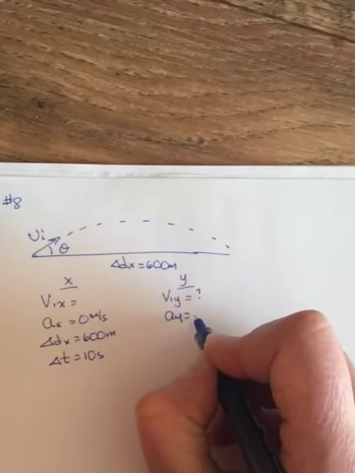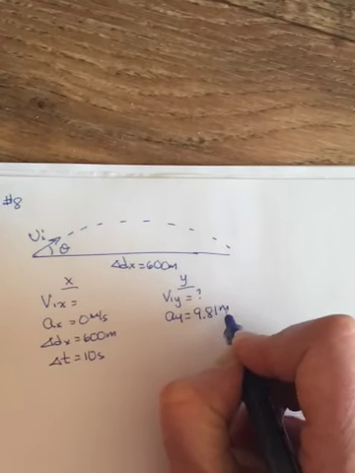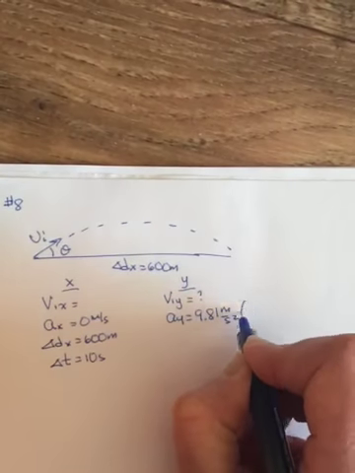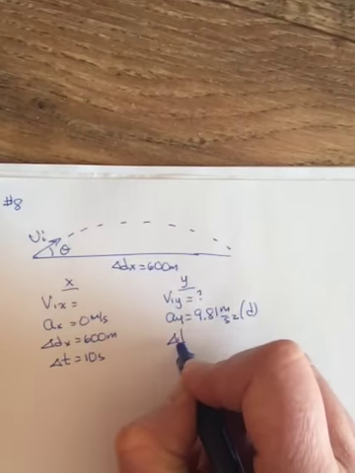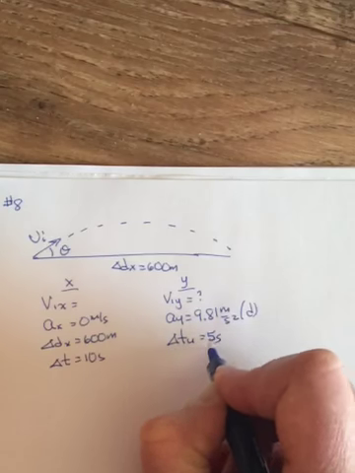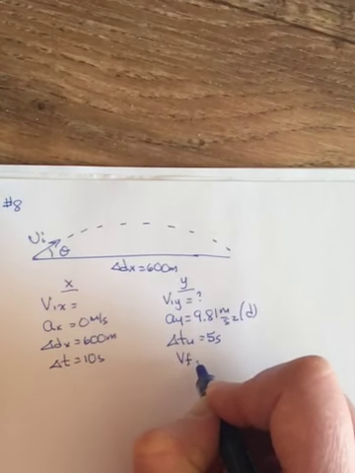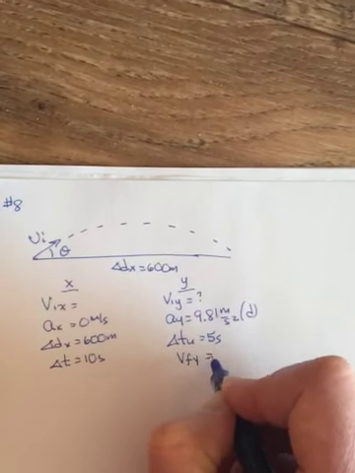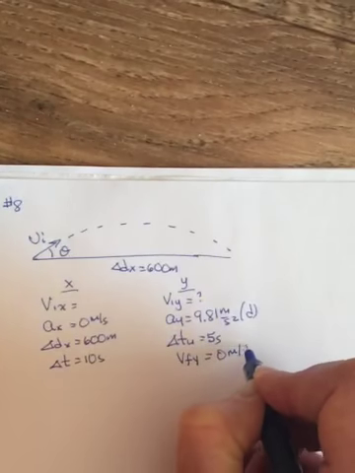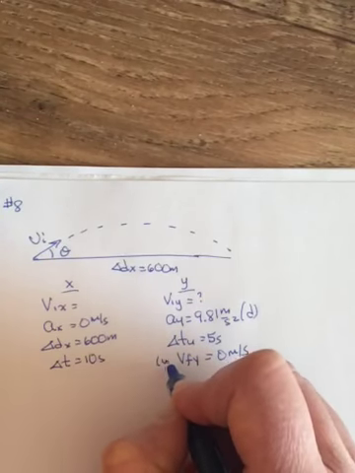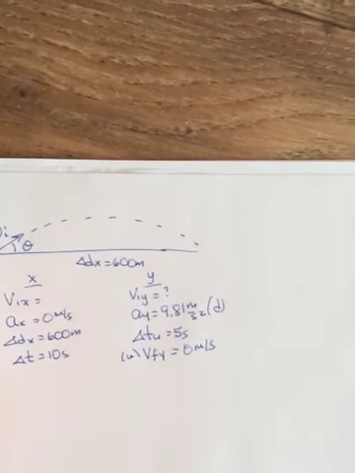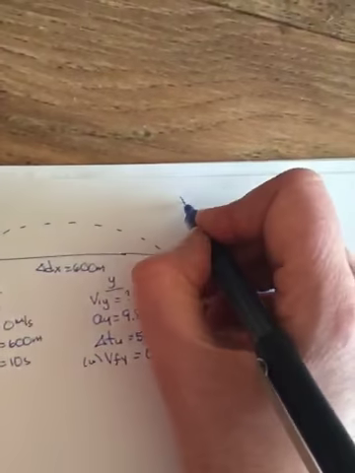Okay, ay is 9.81 meters per second squared down, and the time up is 5 seconds. So now the only thing we don't know, if we look at the up, is viy, and we can find this. So it's advantageous to not break it down.